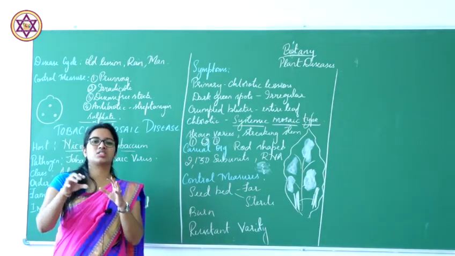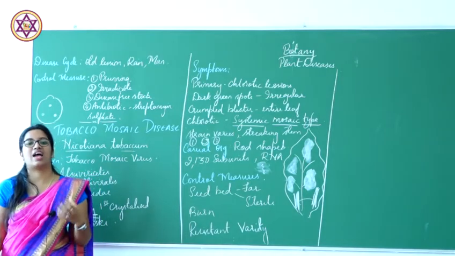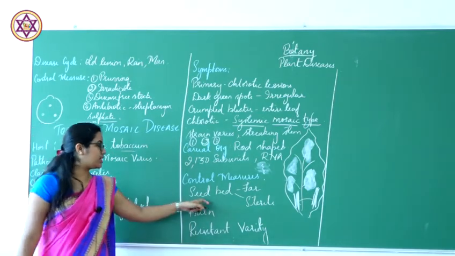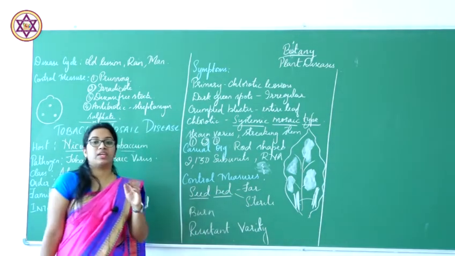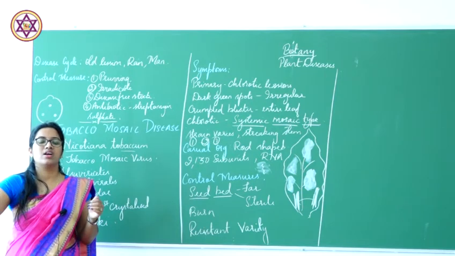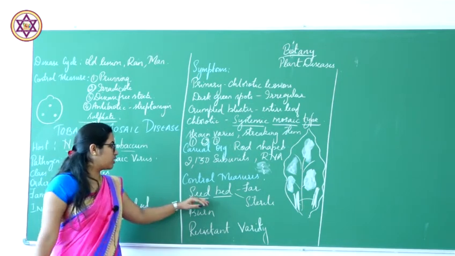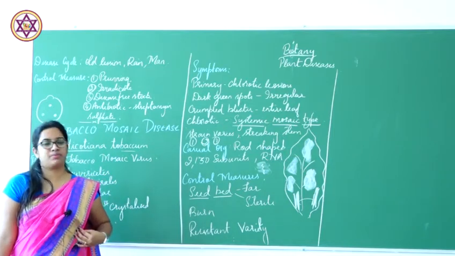So when the warehouse is left out, those particular regions will have this virus. So they prefer the seed bed to be very far from tobacco warehouses. And sterilization of the seed bed should be done.